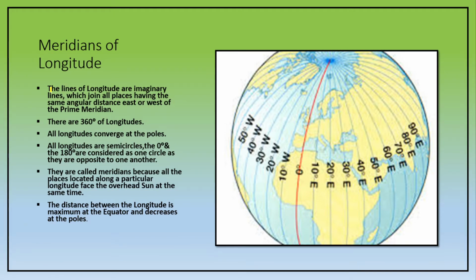So the lines of longitude are imaginary lines which join places having the same angular distance east or west of the prime meridian.